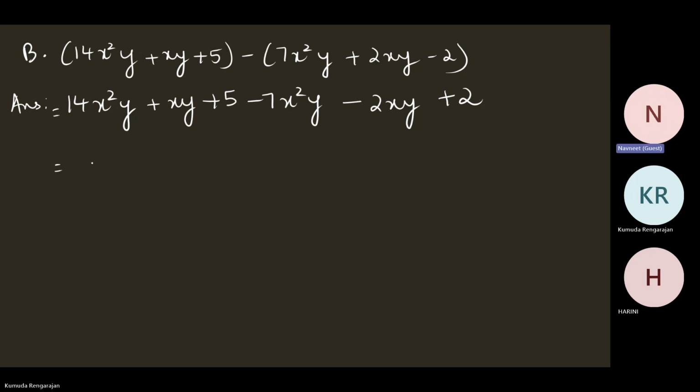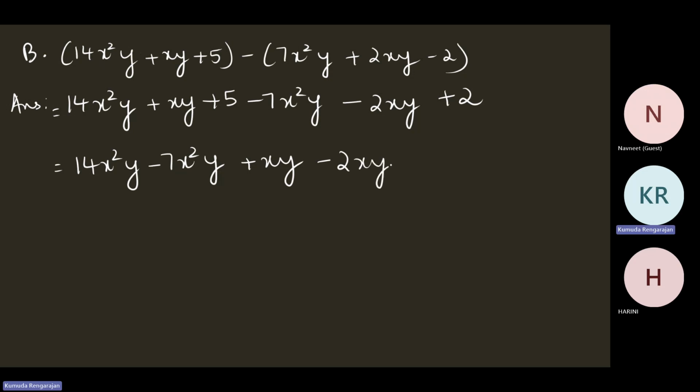Yes, ma'am. 14x square y and minus 7x square y. Stop. Harini. Plus xy minus 2xy. Yeah, Navneet. Ma'am, plus 5 plus 2.